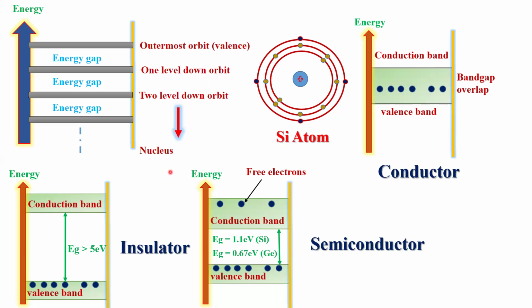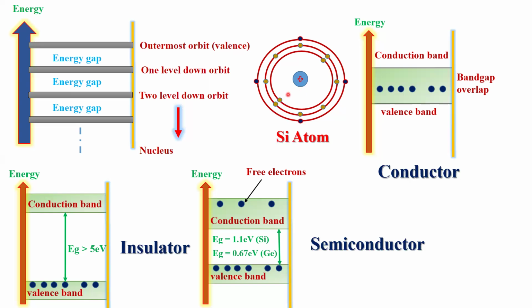So at room temperature, that is at 25 degrees centigrade, you have plenty of free charge carriers. And therefore, your semiconductor material at room temperature can have a sufficient number of free charge carriers. However, they still do not behave like a conducting material, because in a conductor, you have the conduction and valence band overlapped right over here.